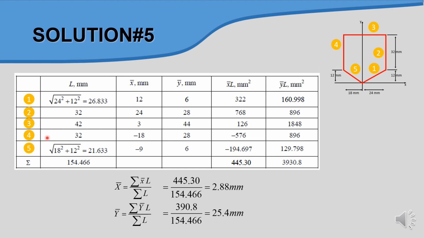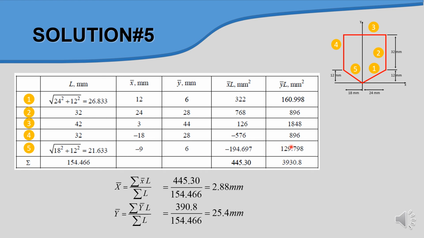Also for wire number 4 here, the position in the x direction is negative, so we have negative 18 according to this length 18, and for y we have 28, the same as the height. And finally we obtain wire number 5.